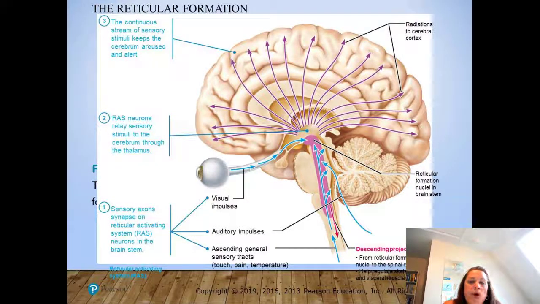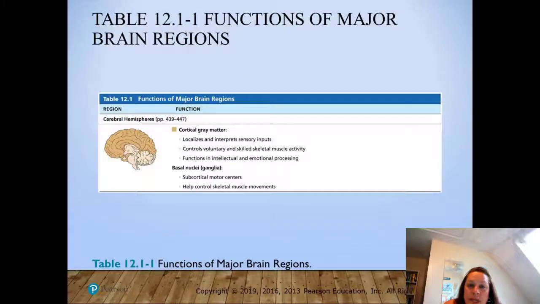Notice how it's sort of all of the sensory stimuli, and then we have this reticular formation right here. This is the nuclei. So the information comes in, and then we decide: do we need it? Sure. Do we not need it? Then it just goes away. So it's kind of cool, because again, we can't think about every single piece of information that comes into our brain or that is happening in and around us.